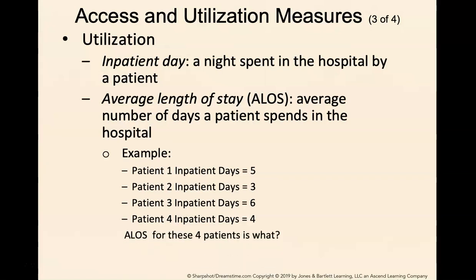So what would be the average length of stay for these 4 patients taken all together? So you take the sum of these, which is 18, sum of all inpatient days, divided by the number of patients. And the answer would be 4.5 average length of stay.